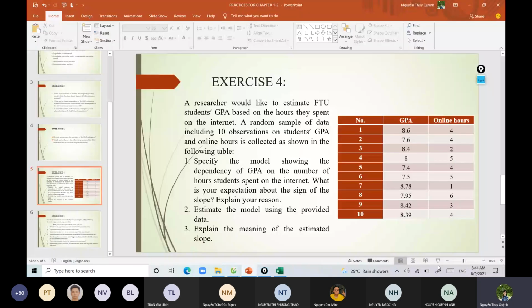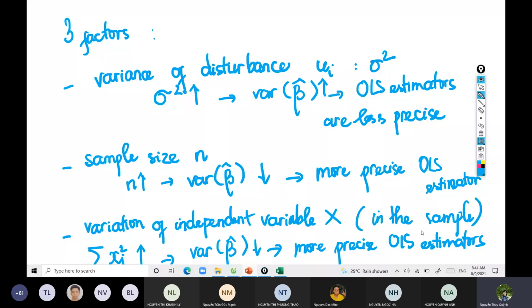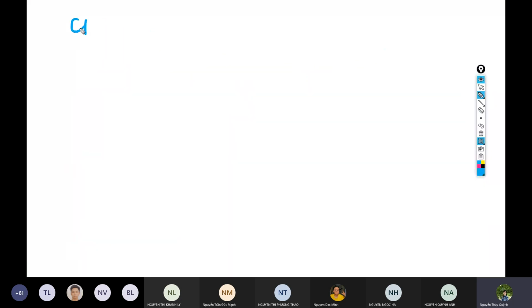Now, Khánh Ly, what about question 1? First, GPA will be the dependent variable. Yeah, so GPA is the dependent variable, okay?